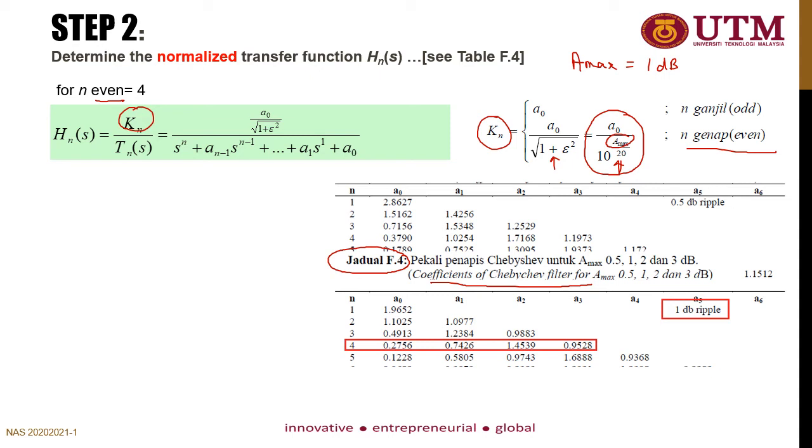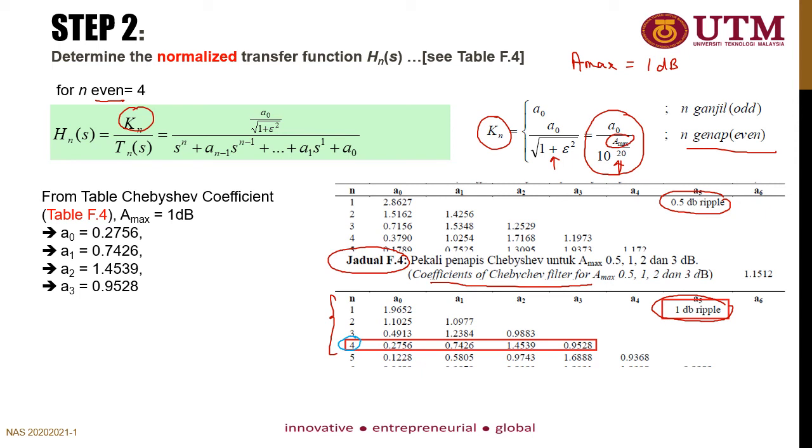Please look at this column for 0.5 and the second row for 1 dB, so make sure you refer to the correct lane. And in this case you have your N equal to 4.